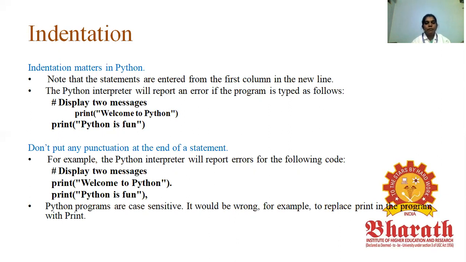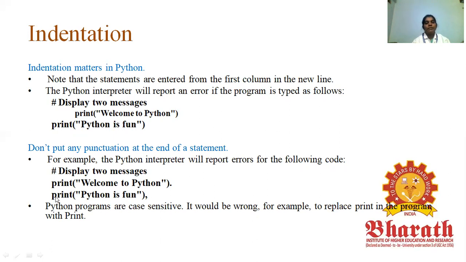Don't put any punctuation at the end of a statement. Don't put a comma, a colon, or a dot. Simply leave it. Print is followed by the argument of the print function. Python programs are case sensitive, so it will be wrong to type print as Print.